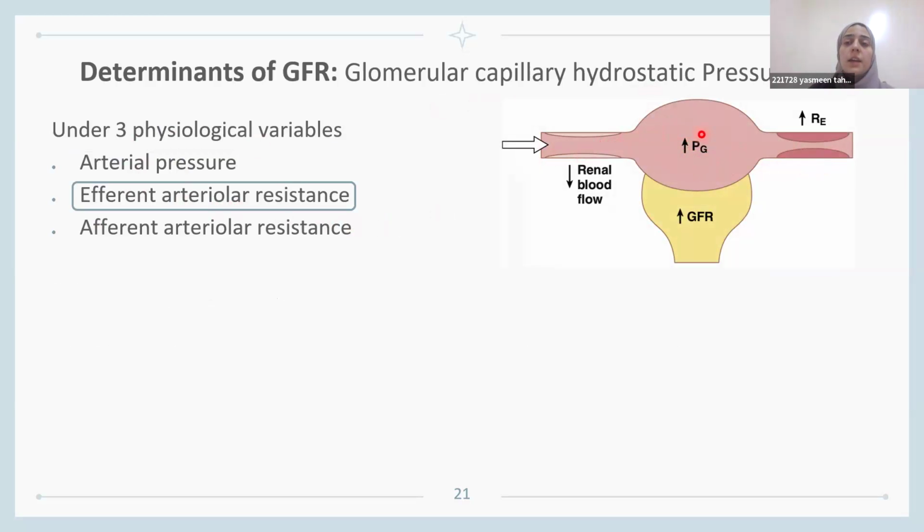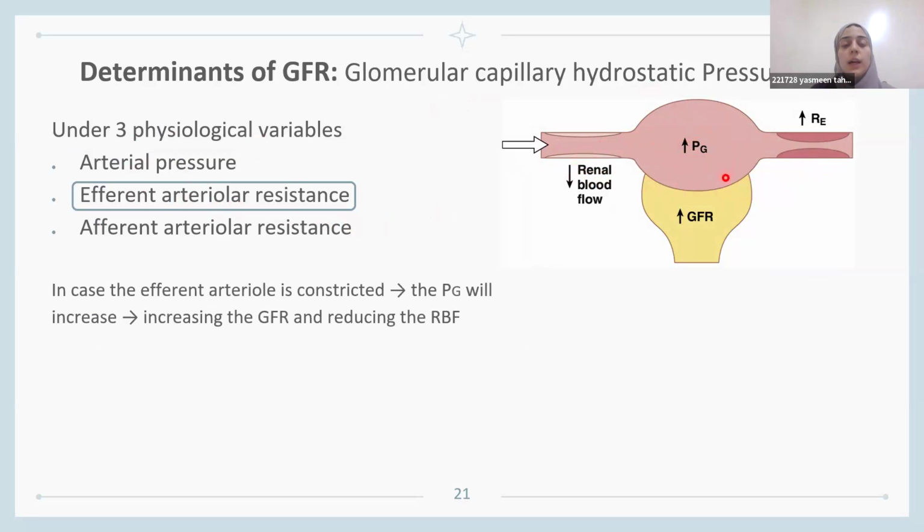is not allowing the blood to leave easily, in other words, it has higher resistance, how would that affect the glomerular capillary hydrostatic pressure? That will actually increase it, because the blood is coming in normally, but the glomerular capillaries are not allowed to take the blood out as easily. So this will increase the hydrostatic pressure of the glomerular capillaries.